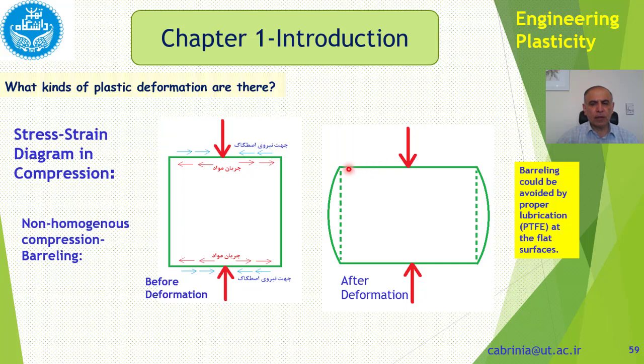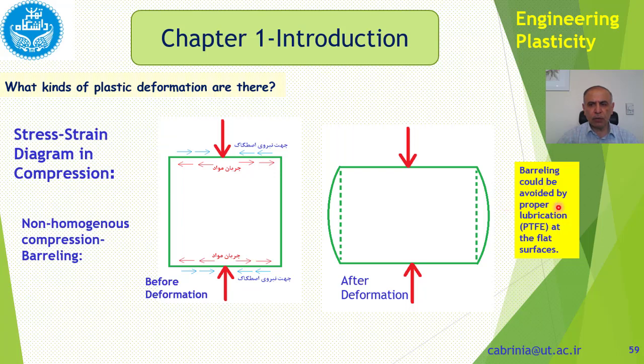That means that it's due to this frictional force. Because we have this frictional force here, it prevents the material to flow out. But in here we don't have those frictional forces, so it will flow more, and from here to there is a nonlinear relationship, so that we get this curved surface.